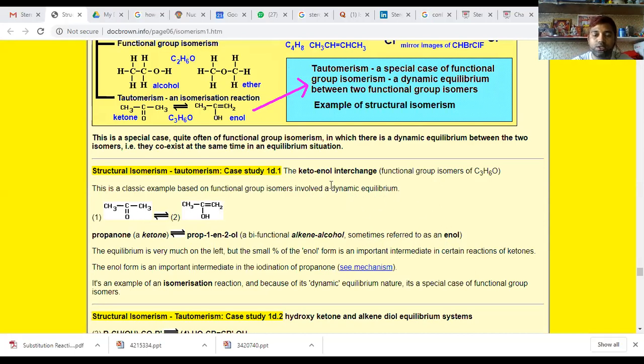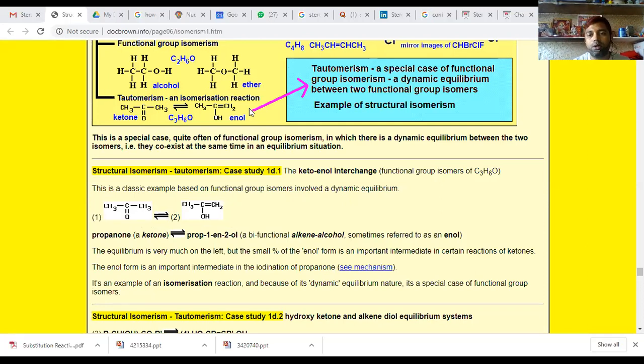So that is why it is known as keto-enol equilibrium. Understood? Keto-enol. Ketone, enol means alkene and alcohol. So it is an example of tautomerism or tautomer.